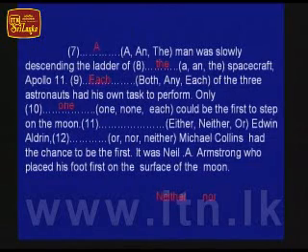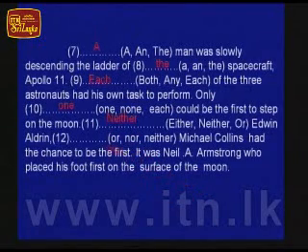Now out of the 3 people, Edwin Aldrin and Michael Collins did not have the chance to step on the moon first. So therefore, how are we going to say this in one sentence now? None of them were able to step on the moon. Only the 3rd person, Michael Collins, was able to step on the moon. So now we are going to say neither Edwin Aldrin nor Michael Collins had the chance to be the first.